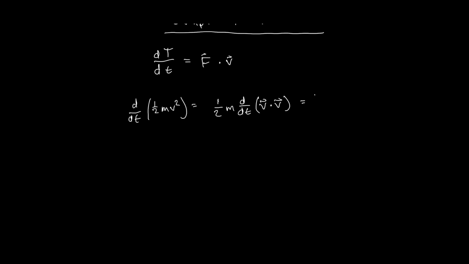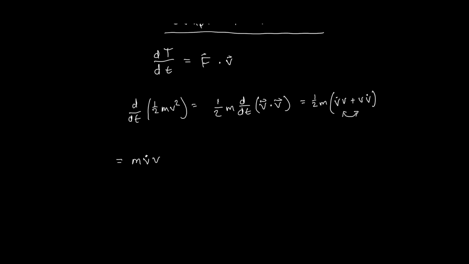equals 1/2 m times v dot, the time derivative of velocity, dotted with v, plus v dotted with v dot, and these are the same thing, they commute, right? So this is equal to m v dot dotted with v.